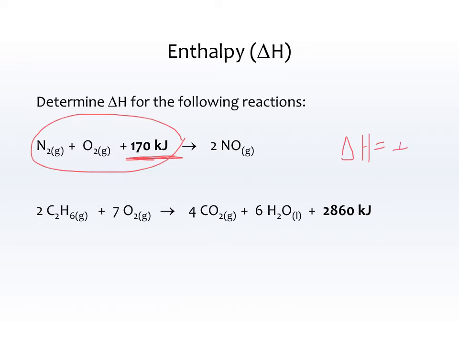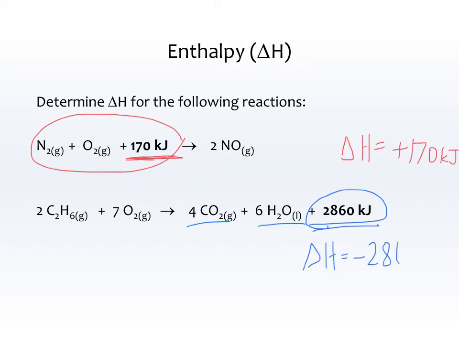Take in means add 170 kilojoules. For the next reaction, notice the 2860 is a product. So carbon dioxide is produced, water is produced, heat is produced. So heat is leaving the system. So in this case, delta H is negative 2860.